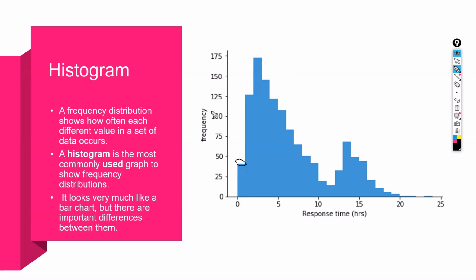That is why I have mentioned frequency here. Now we can see the largest frequency of responses was in the 2 to 3 hour range. With a longer tail to the right than to the left, there's also a smaller hill whose peak is at 13 to 14 hours.